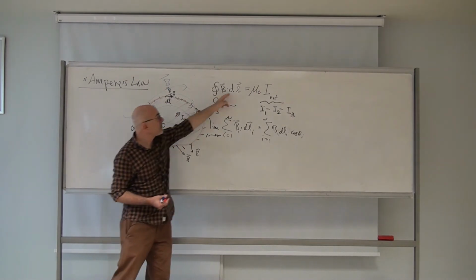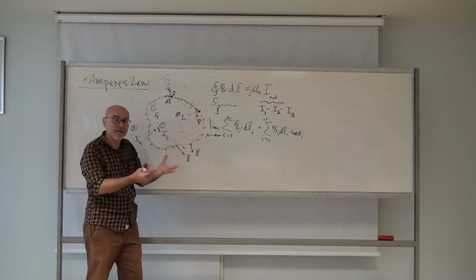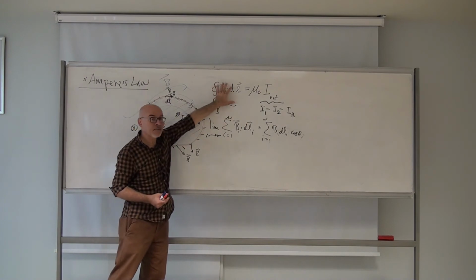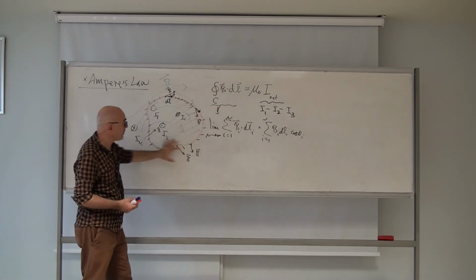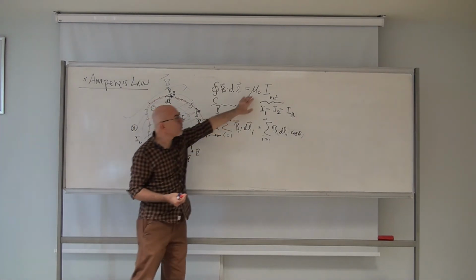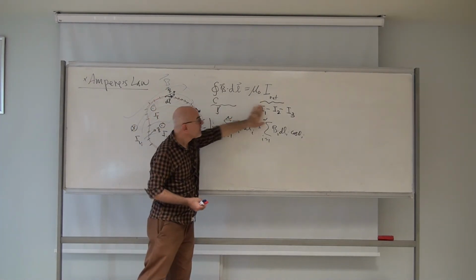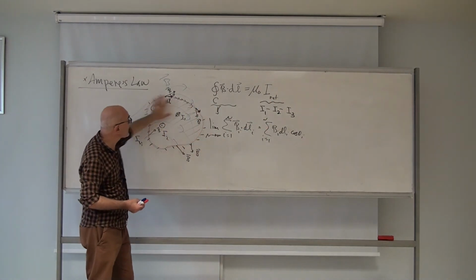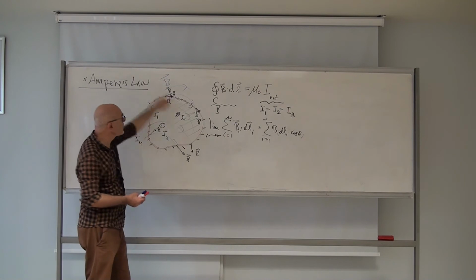When you calculate this integral, you get a number. This is a definite integral. This number, after you calculate this complicated-looking integral, boils down to just mu naught, this constant, multiplied by the net current piercing the area surrounded by this contour.